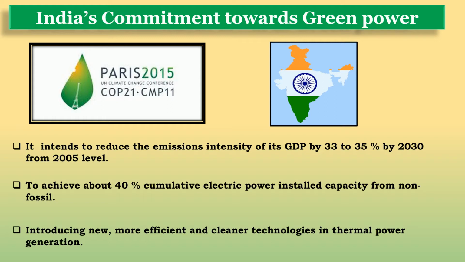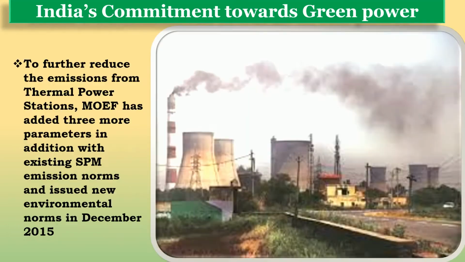To achieve about 40% cumulative electric power installed capacity from non-fossil fuel based energy resources by 2030 with the help of transfer of technology and low-cost international finance. And last is introducing new, more efficient and cleaner technologies in thermal power generation.